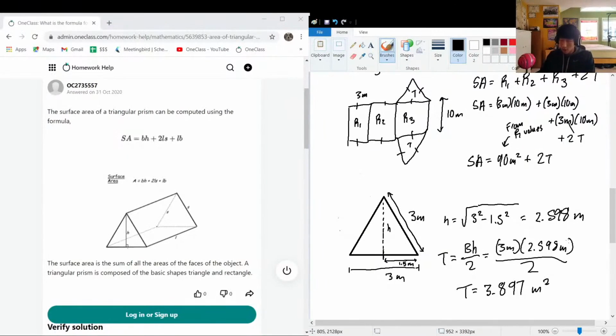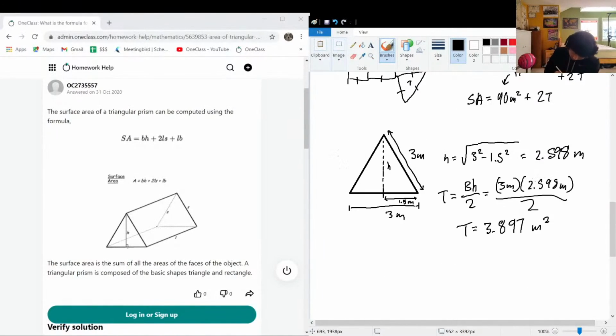Okay, cool. Now if we want to sub this T value back into our SA, it's 90 meters squared plus 2T, where T is now 3.897 meters squared.